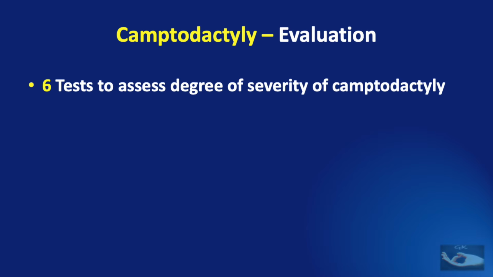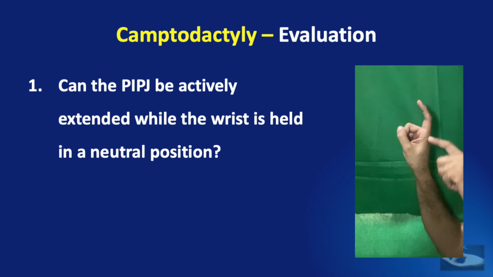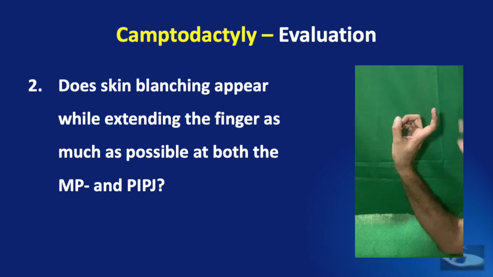Clinically, we need to evaluate the camptodactyly by these 6 tests to determine the degree of severity. Can the proximal interphalangeal joint be actively extended while the wrist is held in a neutral position? Does skin blanching appear while extending the finger as much as possible at both the metacarpophalangeal and proximal interphalangeal joint?